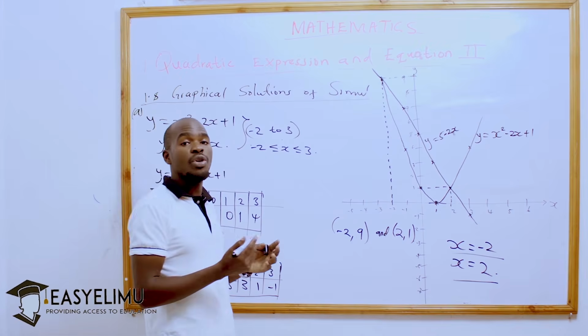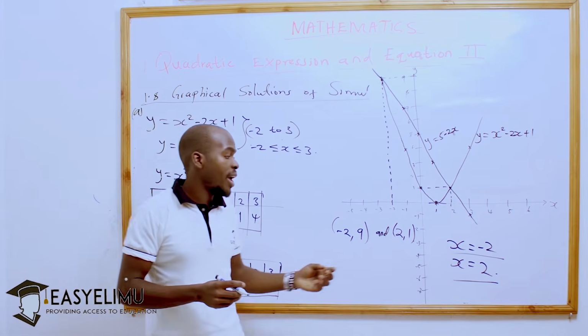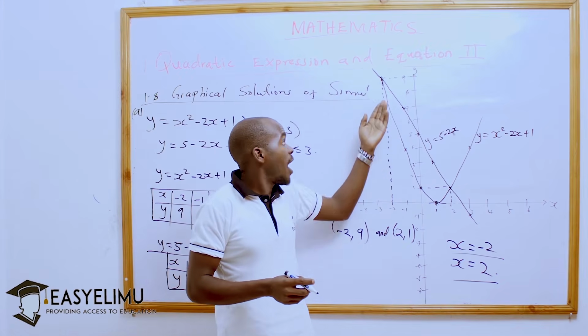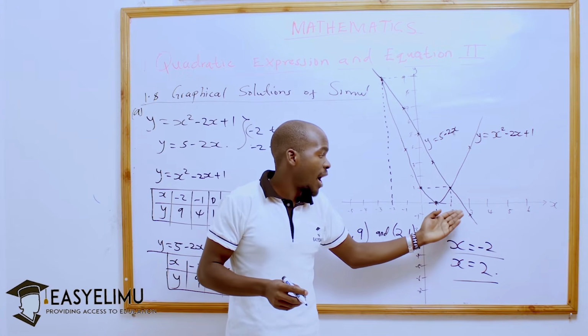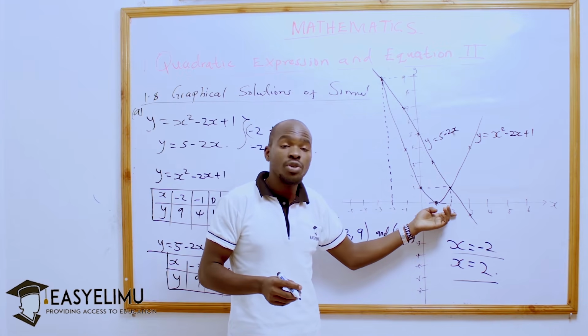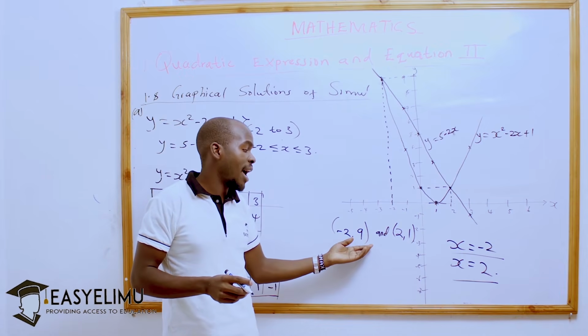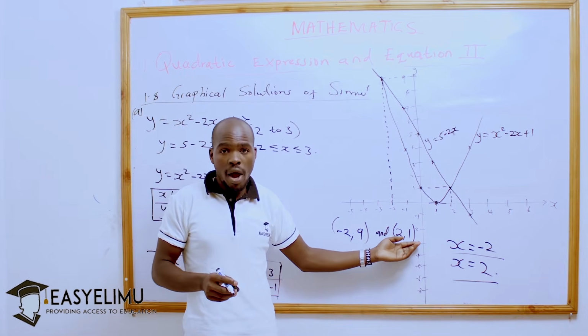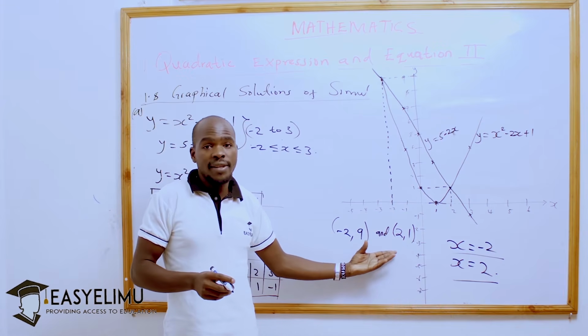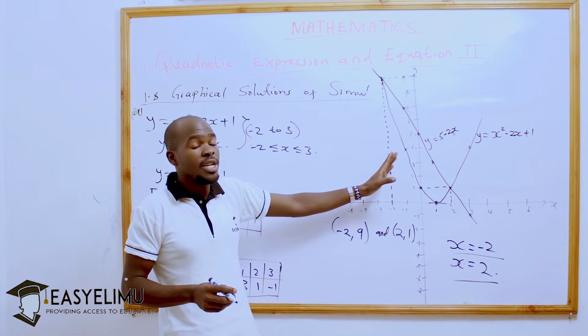So you can give the points where it cuts, where x equals negative 2 at this point, and also at x equals 2. The points at which it cuts are negative 2, 9, and 2, 1. You can give the two as we have found from the graph.